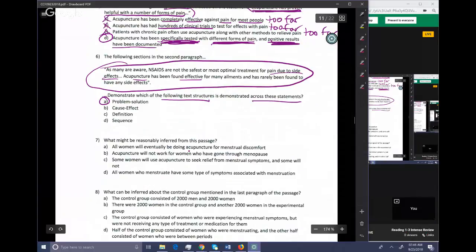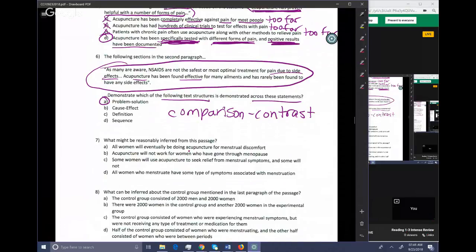That's not the best answer to this, which is also a classic thing that I've been setting you up for constantly. The best answer is really comparison and contrast, because they're saying NSAIDs are not the safest and most optimal because of side effects. On the other hand, on the contrary, acupuncture is effective and it's rarely found to have any side effects.